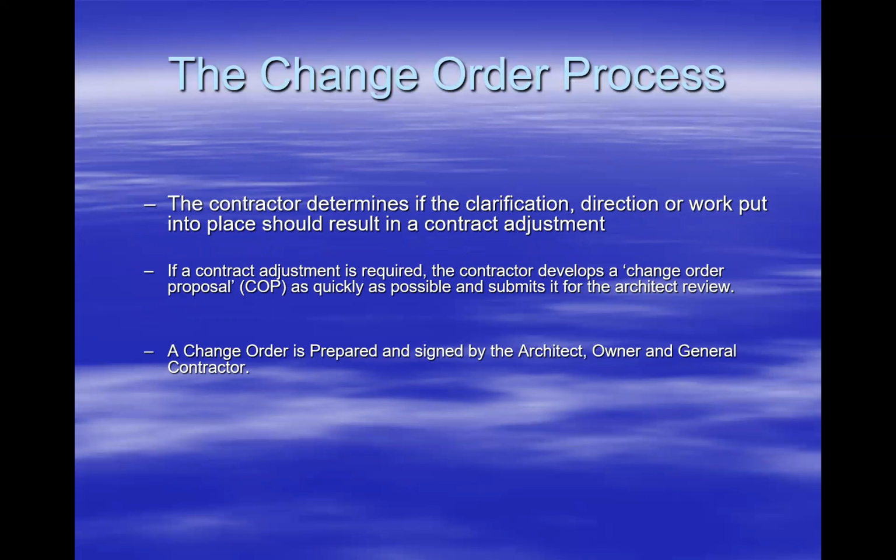If I determine that it does need to be put in, or that the work put into place was not in the original contract scope of work, then I want a contract adjustment for that. So we're going to take these claims to the architect and say, we need a change order for this amount. If a contract adjustment is required, the contractor develops a change order proposal as quickly as possible and submits it for the architect's review.